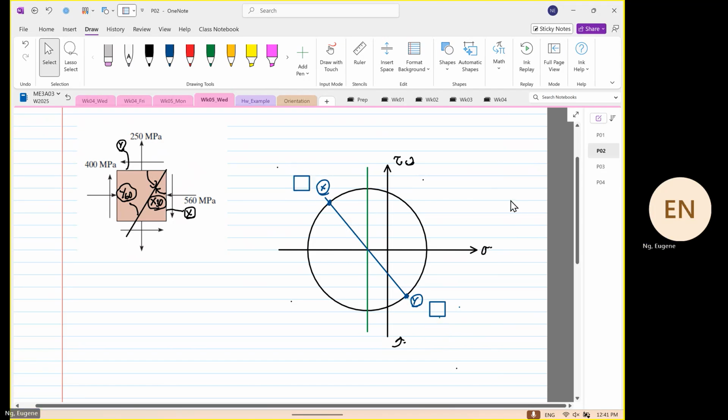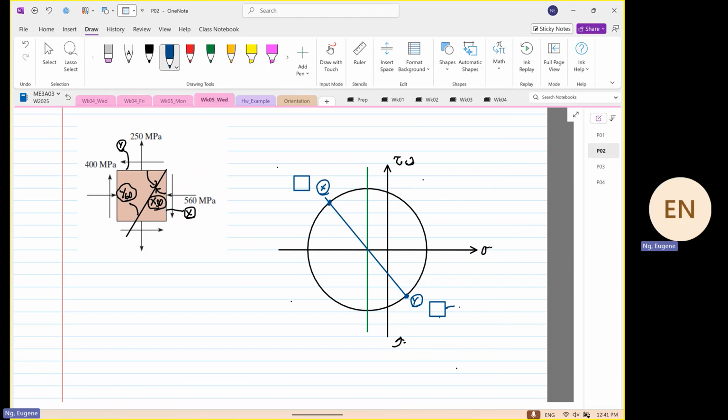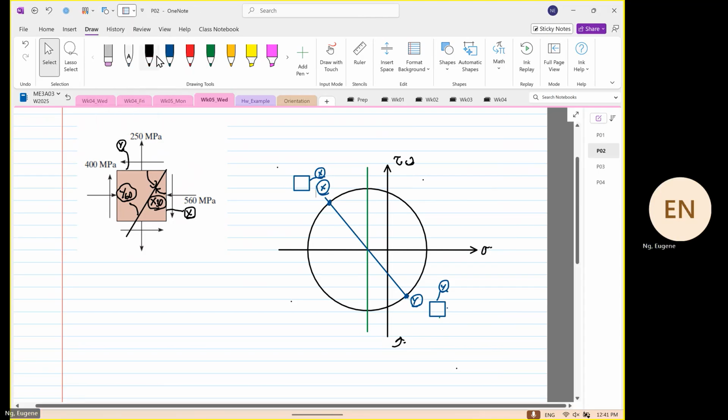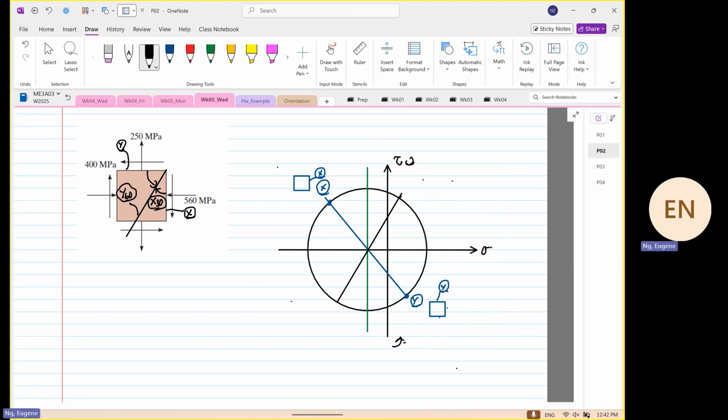By knowing that this is our Y, and over here, this is our X, we then rotate by 120 degrees anti-clockwise. This is just a sketch. And we know that this is our Y60, and directly opposite, this is our X60.